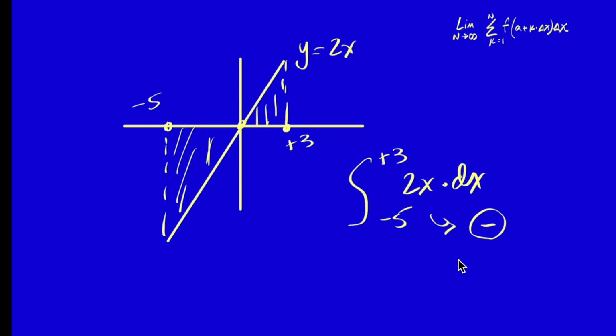And according to the strict definition of area, if that's negative, this does not represent the area under the curve, and you could see portions of f of x in this interval from -5 to +3 is indeed showing a y value that is negative.